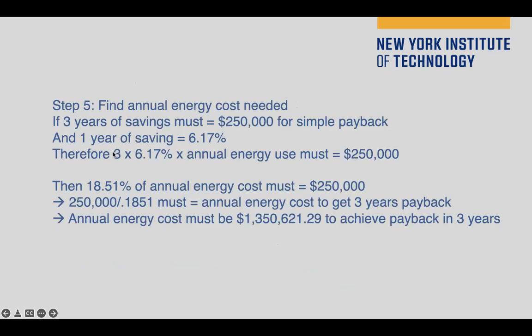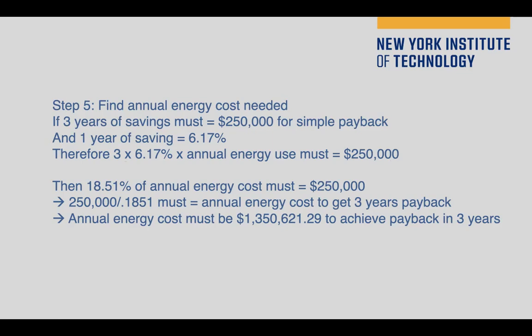And with 3 years, that's 3 times 6.17% of each year's saving times the annual energy use, that is the number, 250,000. So if I make use of this percentage, 18.51%, that is equal to 250,000.